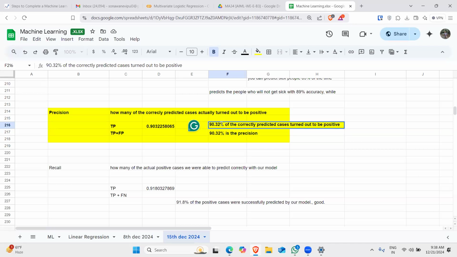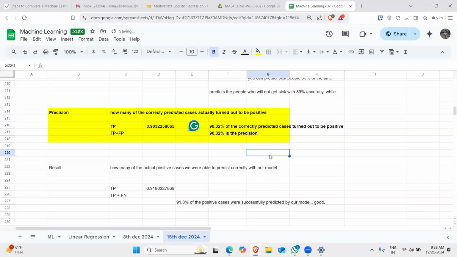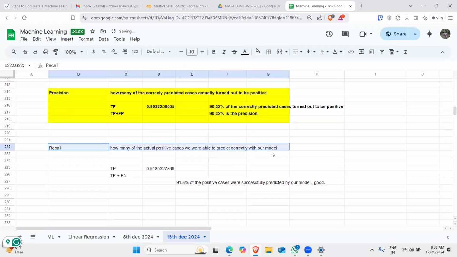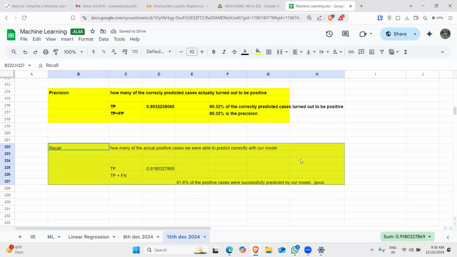Out of 100%, 90.32% of the correctly predicted cases turn out to be positive. So these two metrics have to be as maximum as possible, right? Precision should be maximum, recall should be maximum.